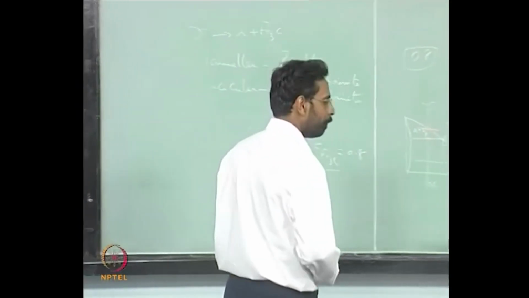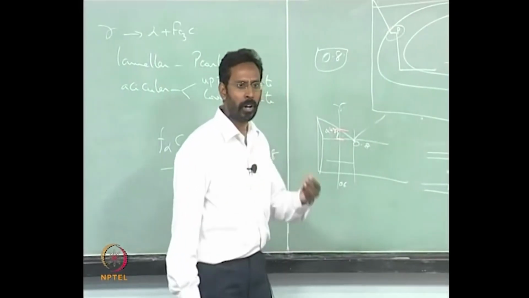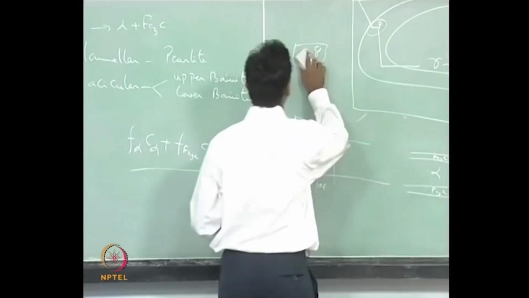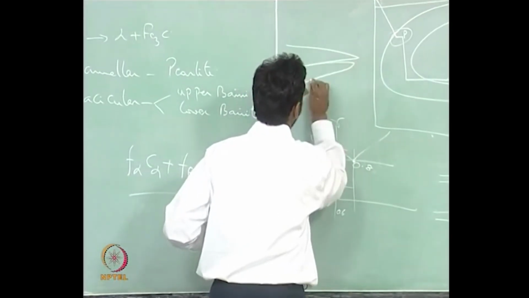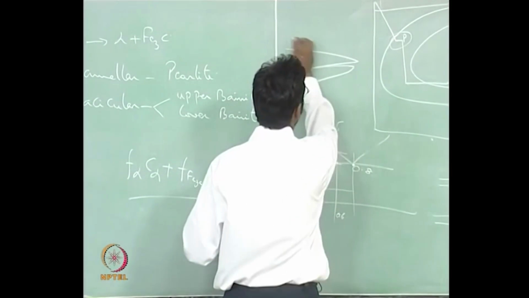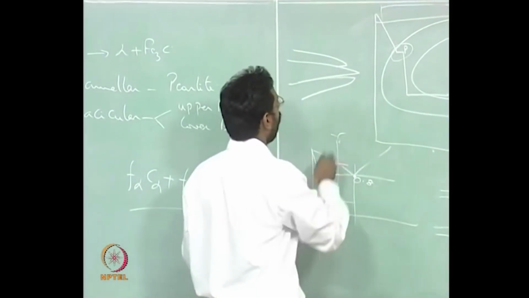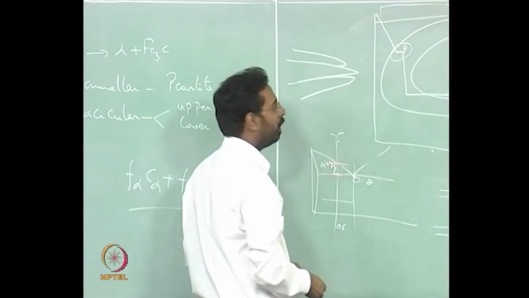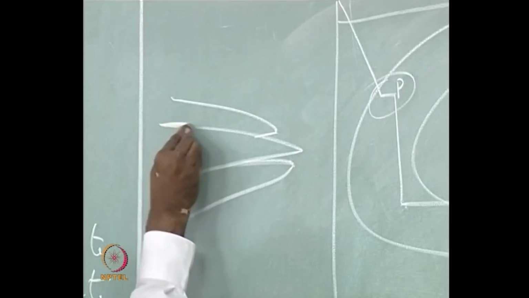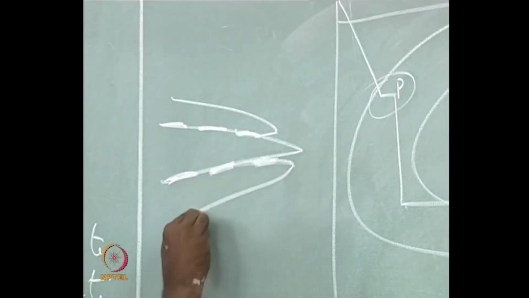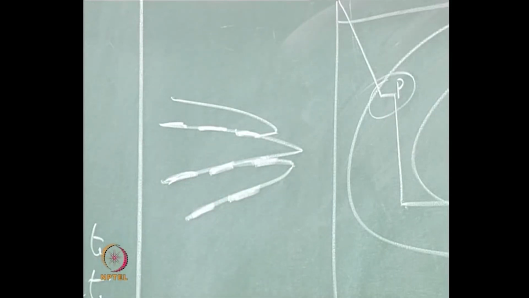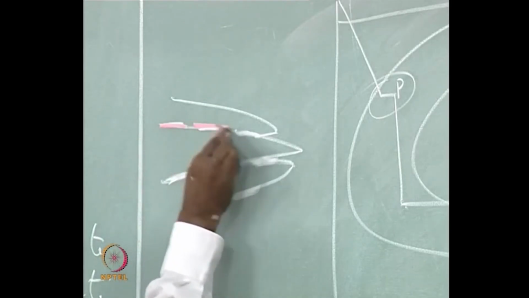Okay. We talked about it yesterday. Upper bainite is one where, if you think of an acicular structure like this, the cementite will be precipitated here. This is upper bainite, where all the cementite particles will be at the grain boundaries.